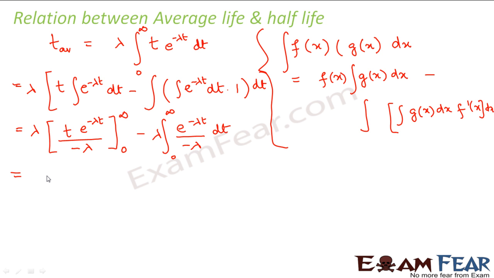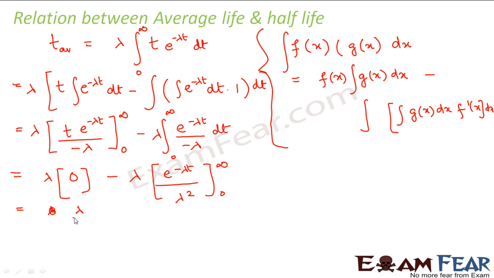So this will be equal to lambda into t. Now the value of t will be infinity. So e to the power minus infinity is 0. So anything multiplied by 0 would be 0. Similarly, when you put t equal to 0, you again get 0. So the first term will be 0. Now for the next term, integration of e to the power minus lambda t dt divided by minus lambda. So this becomes e to the power minus lambda t divided by lambda square from 0 to infinity.